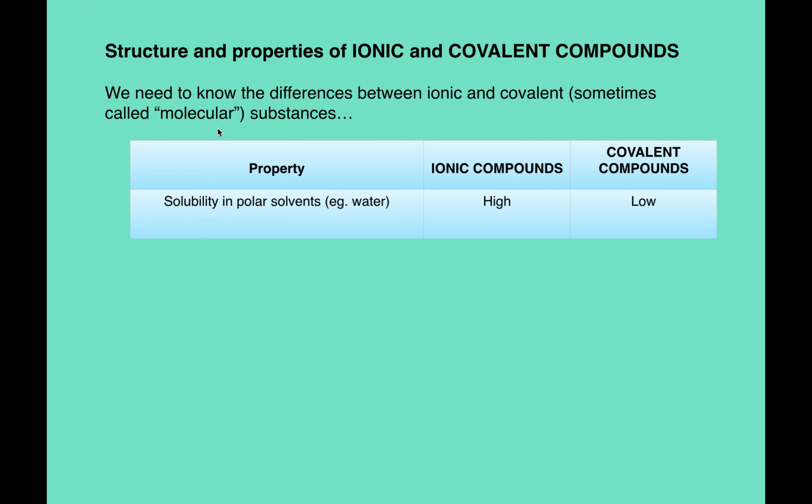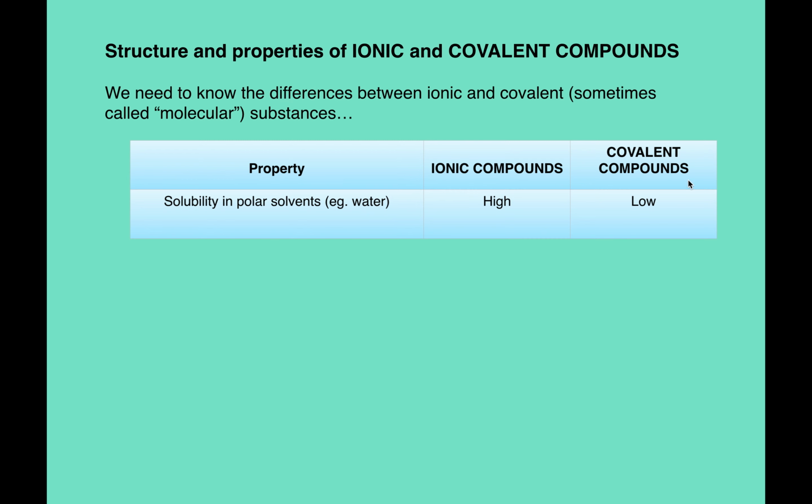Solubility. Ionic compounds, because they've got ions, which are charged particles, they like polar solvents, like water. And we're not going to talk about this too much now, but essentially water molecules have got little charges on them. So ionic compounds that have charges, they like the charges on the water molecules.